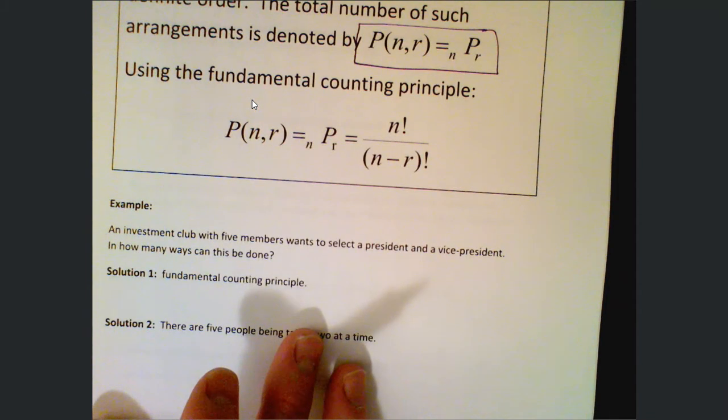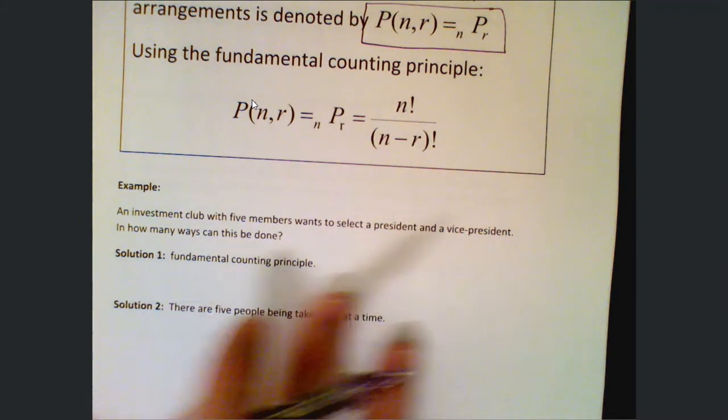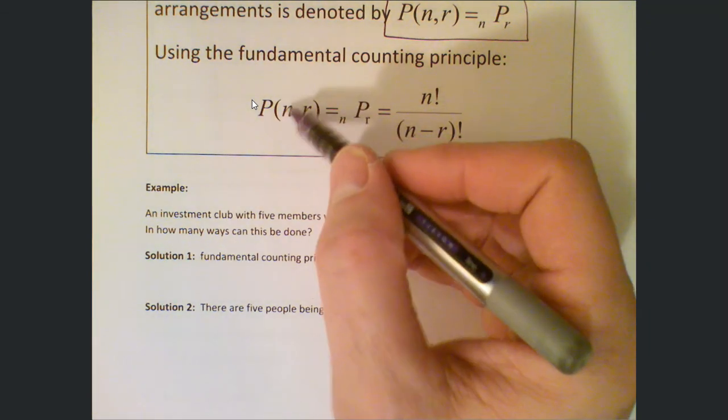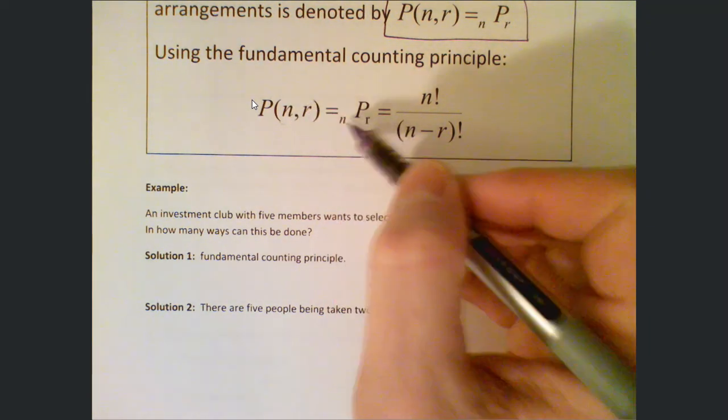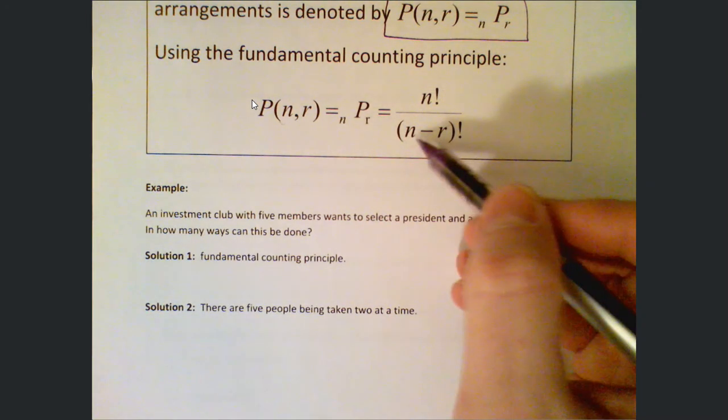Okay, so using the fundamental counting principle, now there's a big derivation for this that I could show you, but I'll spare you that for now. If you have n objects and you're taking r of them at a time, it's nPr, which is n factorial divided by (n minus r) factorial.